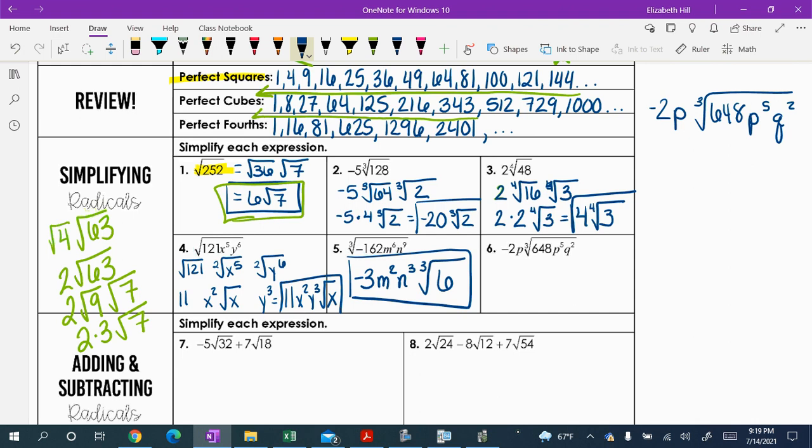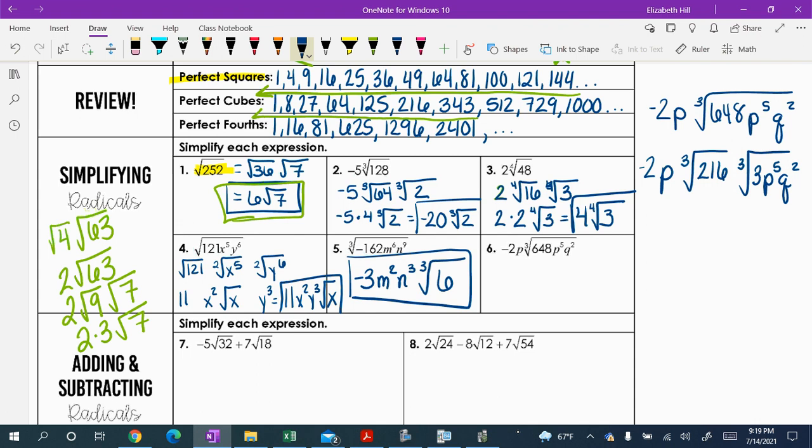So now I have negative 2p, and the cubed root of 216 times 3, and I'm going to leave that p to the fifth and q squared here for a second.